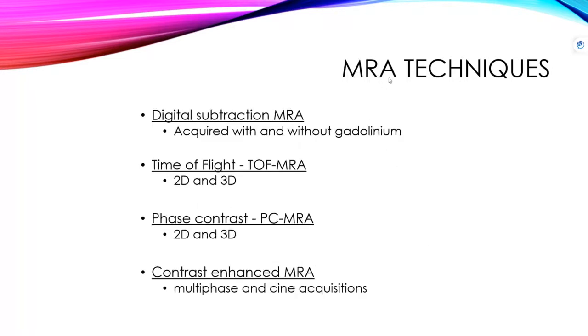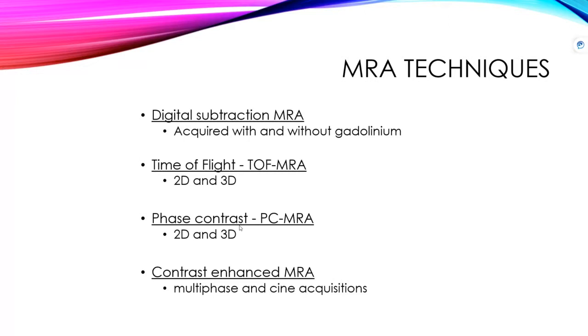And then MRA techniques are the ones that we're using to actually look at the blood. So digital subtraction MRA, where we are injecting contrast and then subtracting one image from the other. Time of flight, notice that that's the same thing as the phenomenon we just talked about, so we're actually using that phenomenon to our advantage by creating contrast with it.